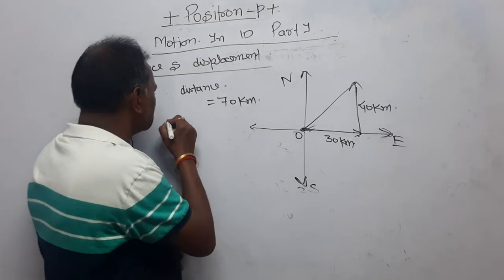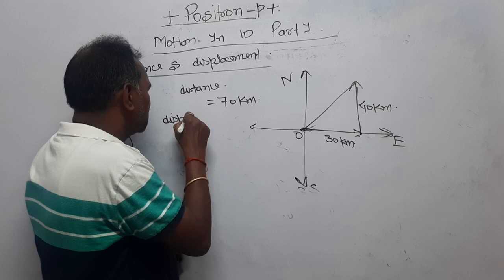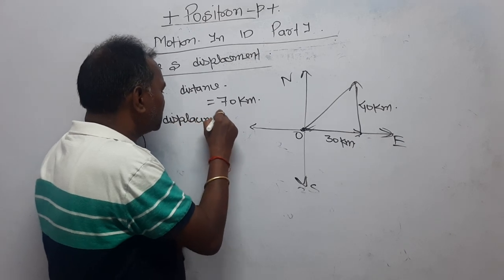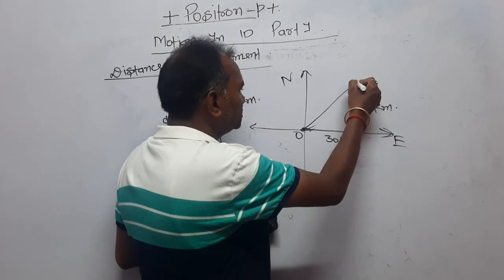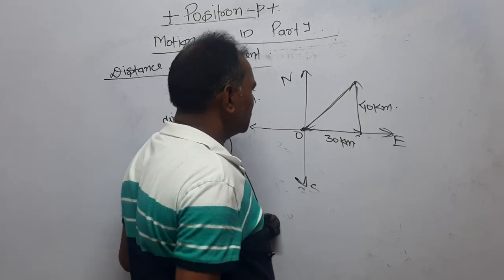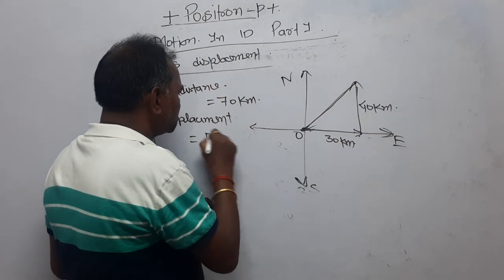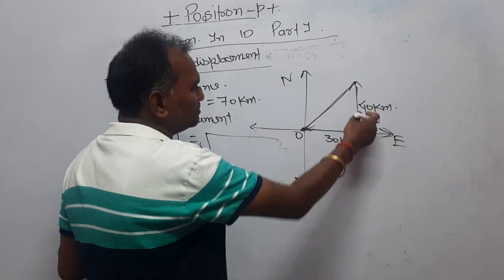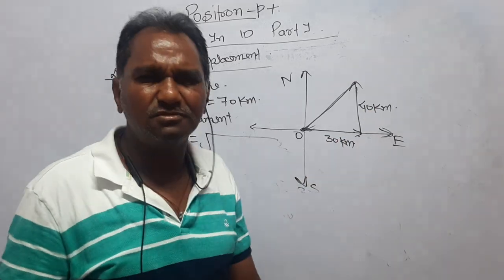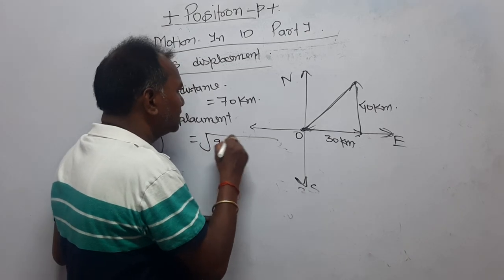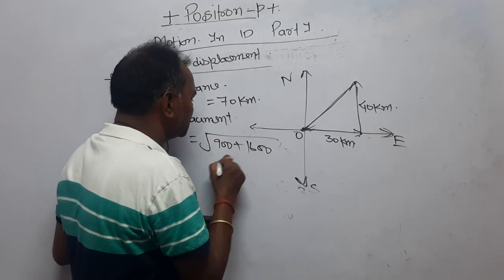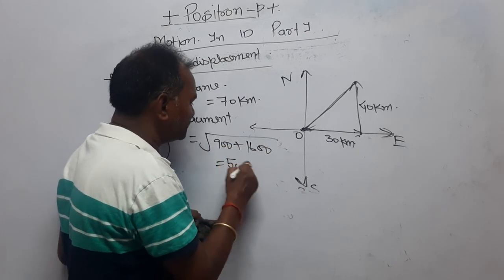Now the displacement will be what? Displacement is the direct distance between the initial and final position. That is what you have to find out. Just apply the Pythagoras, square root of 30 square plus 40 square. 30 square is 900, 40 square is 1600, that is root 2500 or 50 kilometer.